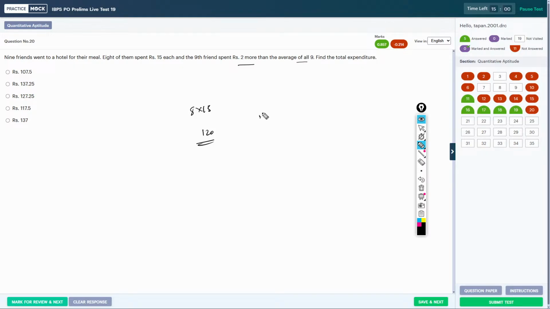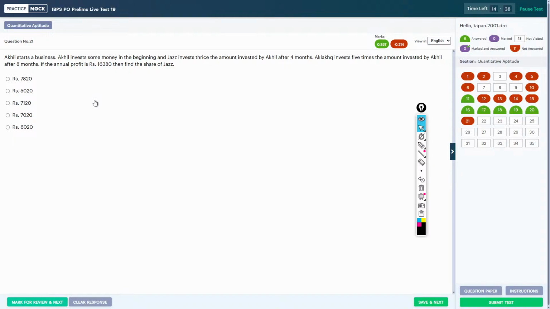Two more than average of all. So 7 to 9 and 5, 8. Yeah, this one multiple of 9 also. Total expenditure.